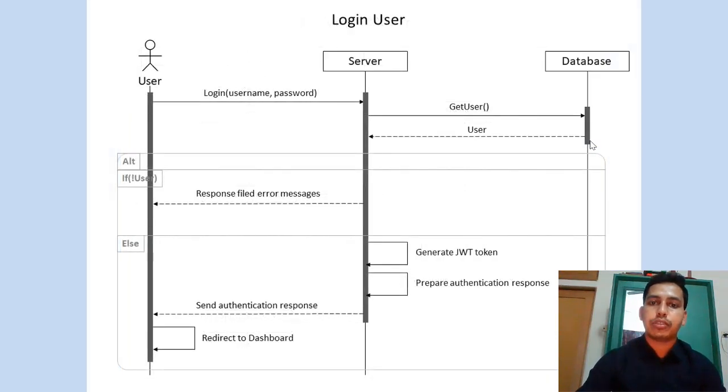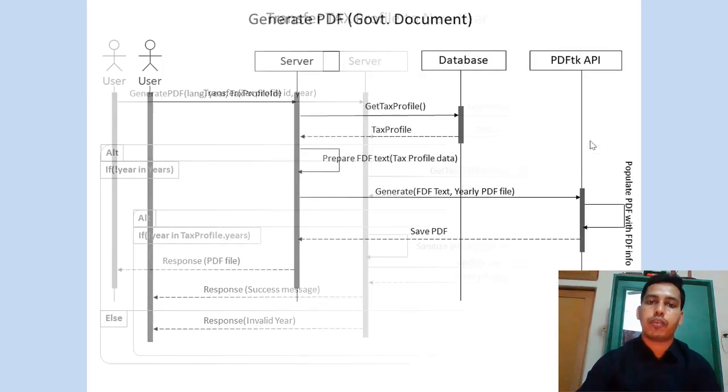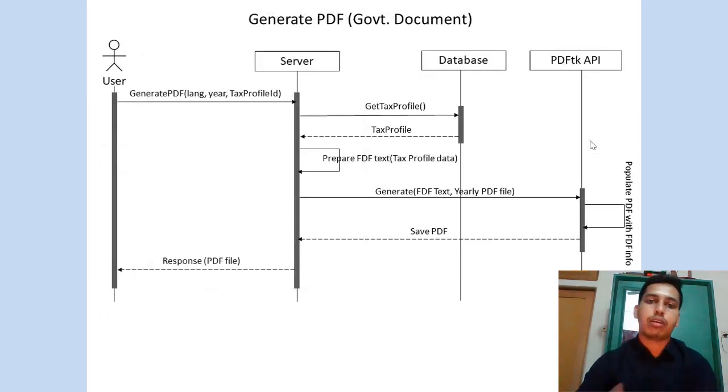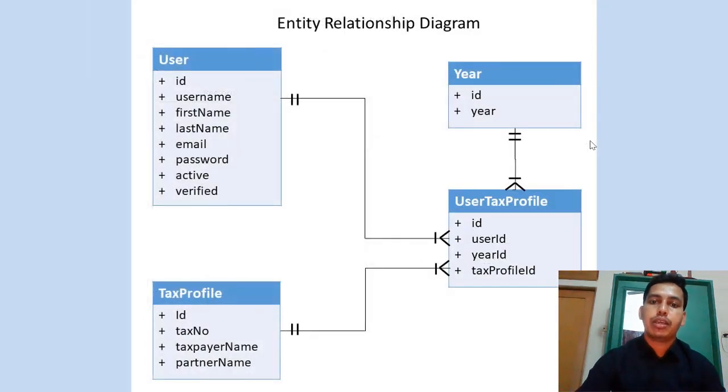And of course the sequence diagrams based on the use cases for user login, creating a tax profile, transferring a tax profile, generating the government document PDF, deleting a user tax profile, and restoring a tax profile.